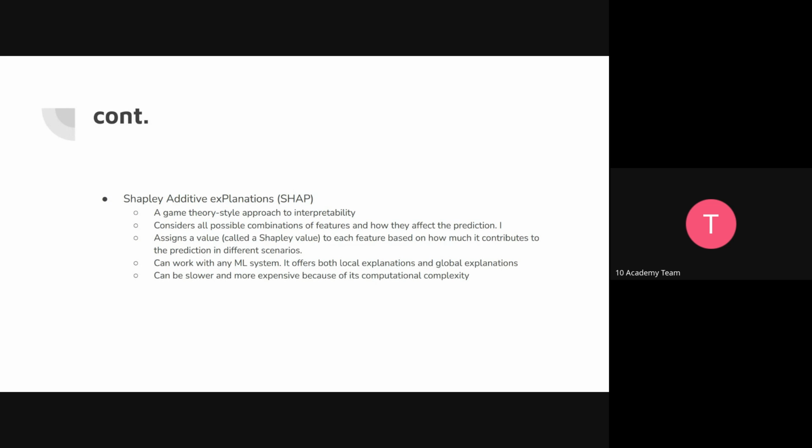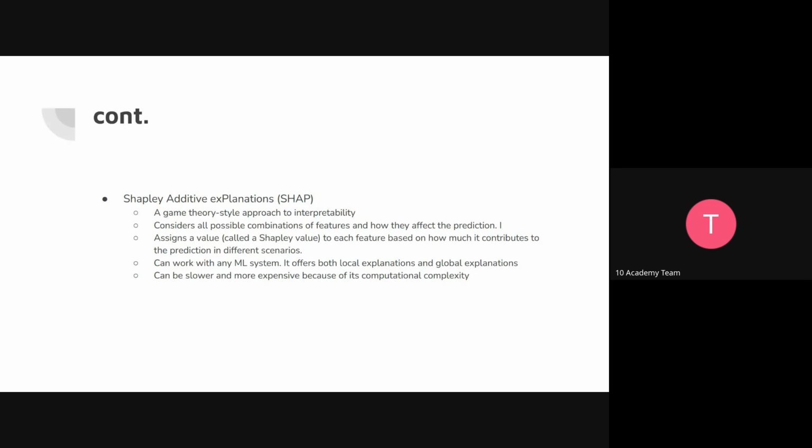It gives a Shapley value for each feature, signifying the contribution of that feature to the output. It's model agnostic, it works for any system, and it provides global explanation.